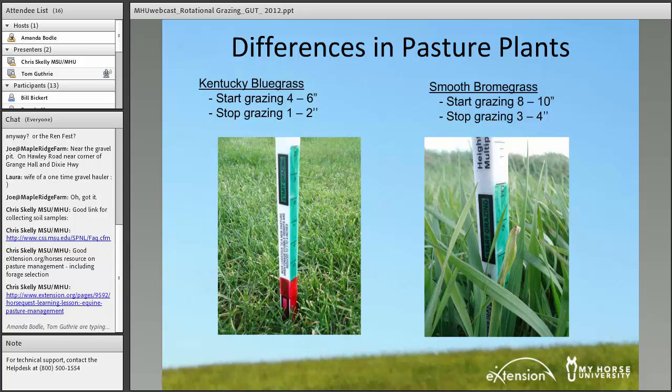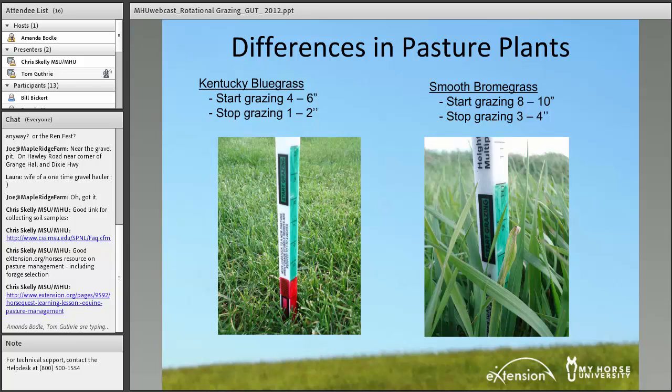However, Kentucky bluegrass withstands closer grazing relatively well, and smooth brome grass doesn't persist with close grazing. So my forage specialist colleagues tell me that typically Kentucky bluegrass is considered to be a shorter growing cool season grass than smooth brome grass, which would indicate the difference in the grazing heights here.